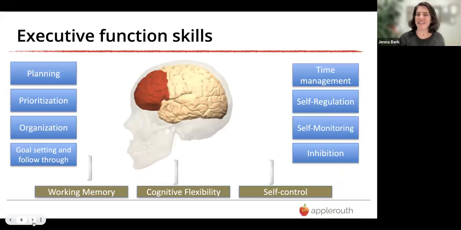So I've talked about executive function skills a little bit, but let's really delve into them, because executive function deficits can show up in a lot of these neurodiverse diagnoses. So there's planning. So the idea of like, oh, I want to go on this trip, so I need to plan for it.